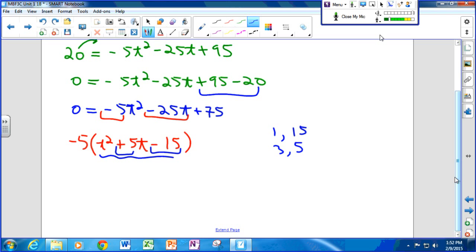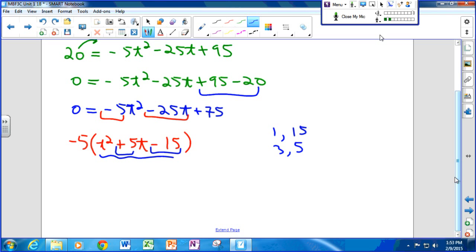Any other factors of 15? All right. I think I'm missing something here. I might have to think about this. Let's see. What else do we get? Minus 5. I'm just double checking my math here. T squared plus 5t. Yeah, 25t. Oh, there it is.